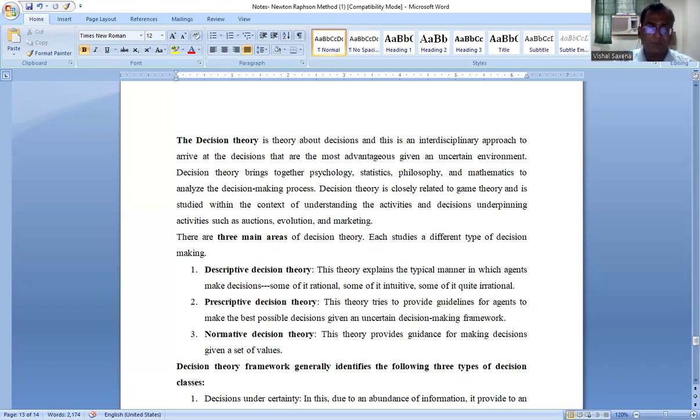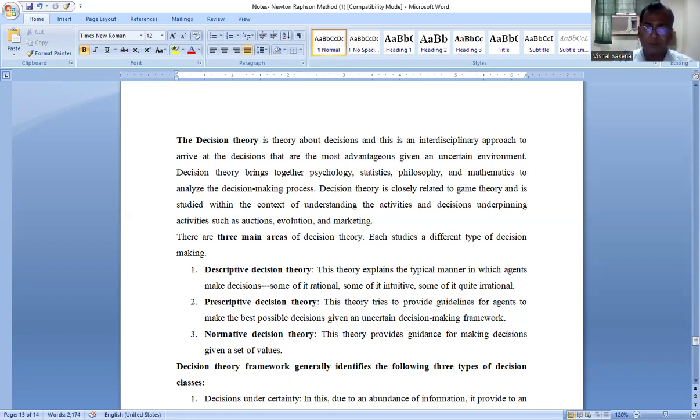Operation Research is a very important subject of mathematics and it has applications in various programs, including engineering, basic sciences, mathematics, even business management, defense, and other fields like agriculture, manufacturing, and many more in which the concept of operation research can be applied.